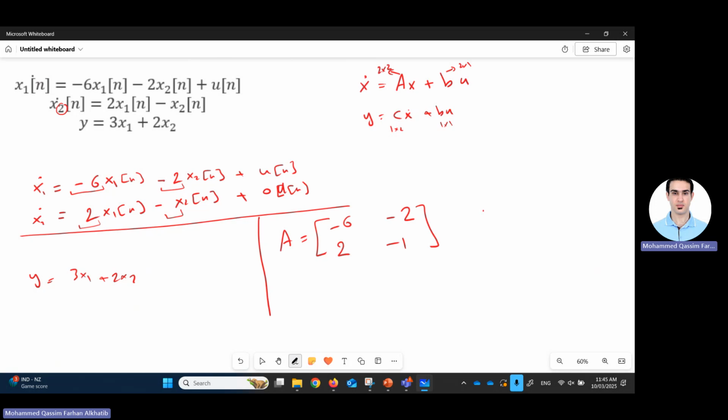What about B? Uppercase, lowercase, doesn't matter. By the way, this is D, sorry. B, we said it's going to be a column vector, and you can see it here. There is no value here, so that's a 1, and we have 0. So that's 1 and 0. What about C? That's the thing associated to y. Look, here's already organized 3 and 2.